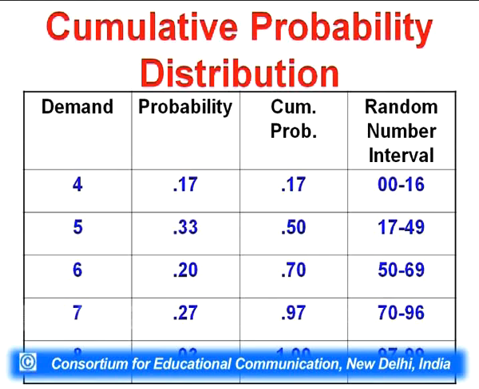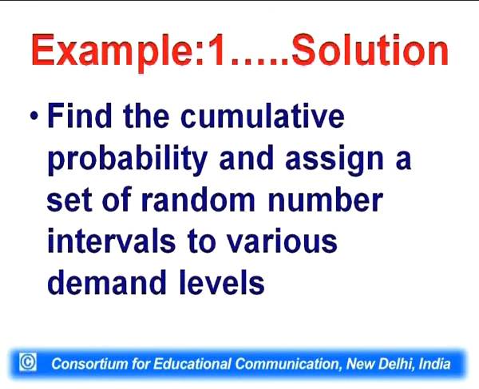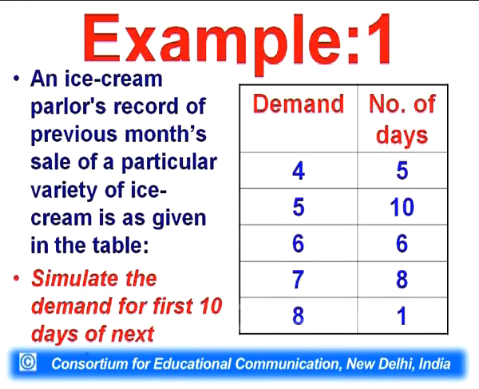Let's go back again so that there should not be any doubt in our mind before we proceed further. How has this 0.17 been calculated, and 0.33? 5 by 30, 10 by 30, 6 by 30, 8 by 30 and 1 by 30 is the probability.